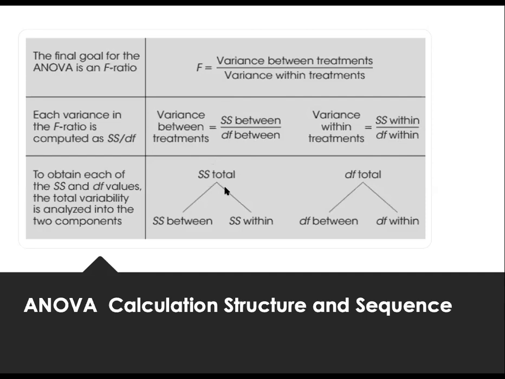We're going to look at the total variability analyzed into 2 components. So we're going to look at sum of squares total as between and within, and degrees of freedom total, we're going to analyze that into the two components of degrees of freedom between and degrees of freedom within. Once we're done with the example, you might want to come back to these couple slides and look again at the big picture. I think it'll make more sense after we've gone through one example.